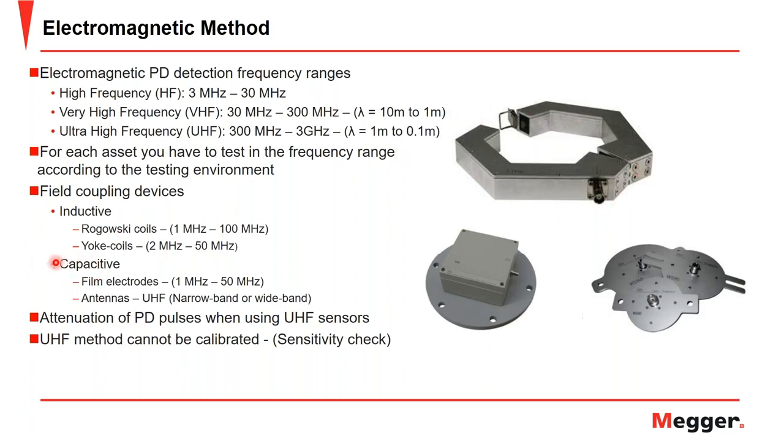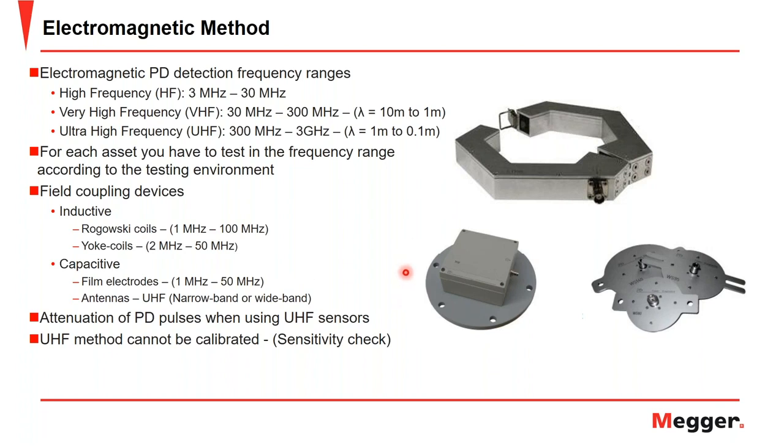There are capacitive field coupling devices, such as film electrodes, that range between 1 megahertz and 50 megahertz, as well as antennas in the UHF range that cover both narrowband and wideband measurements, with narrowband being about 5 megahertz and wideband being up to about 2 gigahertz. These are primarily seen on GIS.